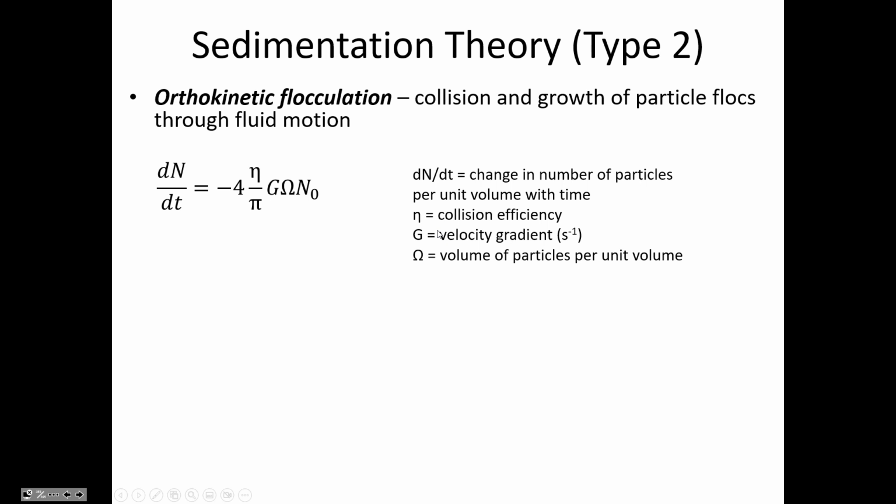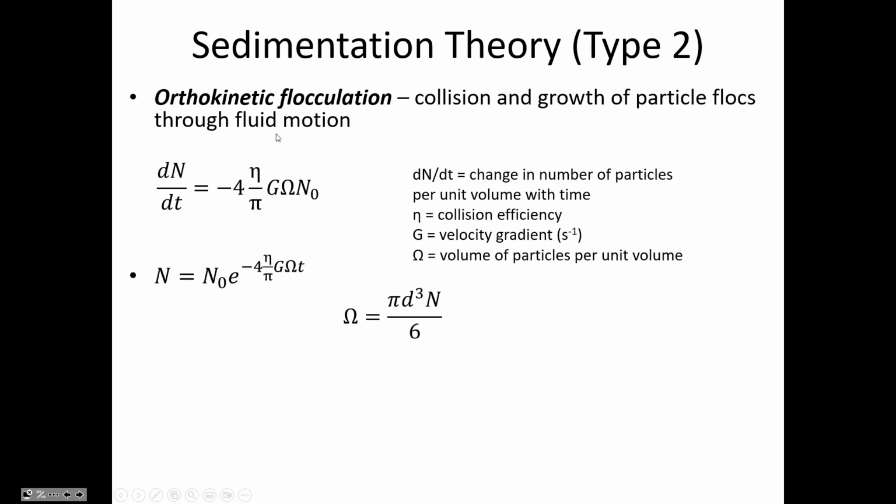So there's some way that we describe the mixing energy that is in the settling basin as the particles are settling, some parameter that predicts what fraction of the collisions join particles together. And then you can see that the initial number of particles is another parameter that describes the rate of change, of how quickly the number of particles is going down in a basin because of these collisions.